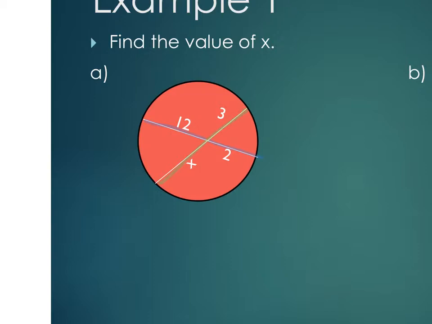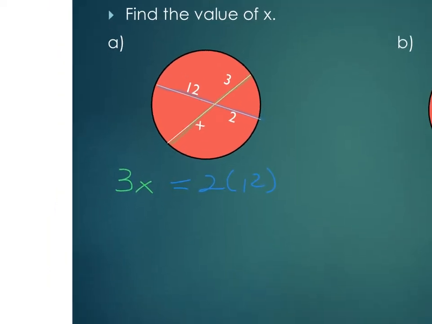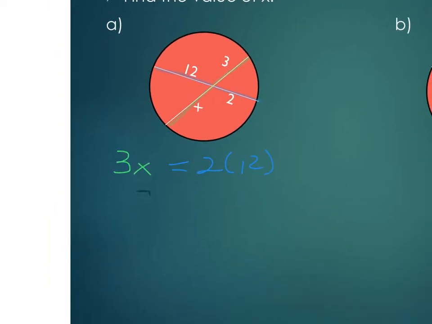For the green, I'll do 3 times x, and for the blue, it's going to be equal to 2 times 12. So 3x equals 24. Divide by 3. And my value of x is 8.